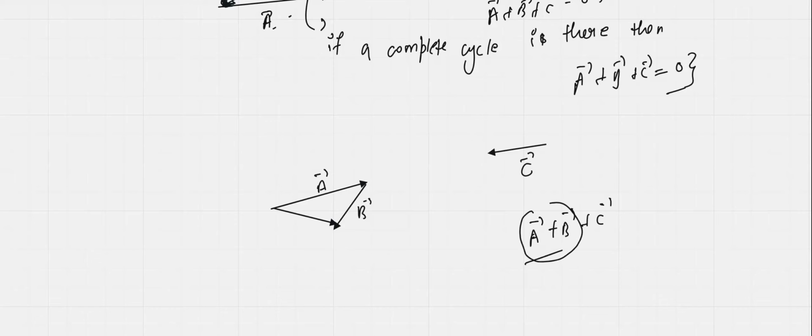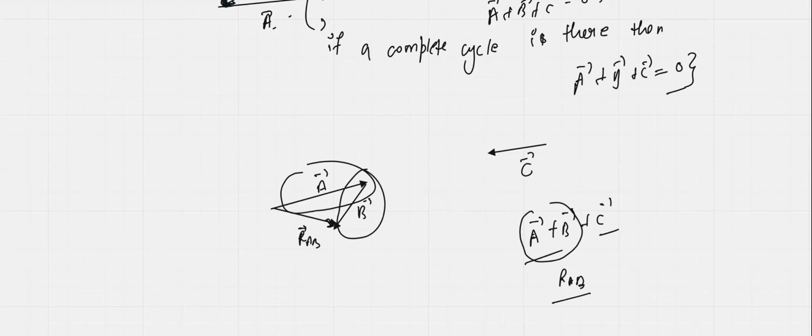When I calculate A plus B, I will get this as a resultant. Now I can remove this, because I am done with the AB part. I have calculated the resultant of AB. Now I can simply add this vector with this. I can see that the head of this is extending here, so I can ignore this part.